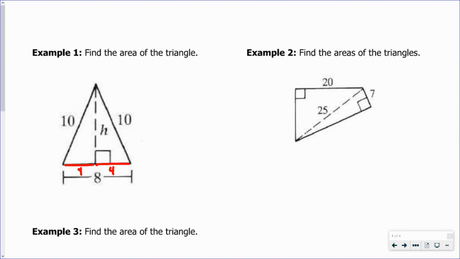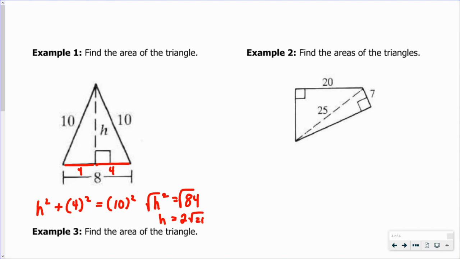So h squared plus 4 squared equals 10 squared. So h squared is going to equal 100 minus 16, which is 84. Take the square root of both sides, and h equals, simplified, 2 root 21.